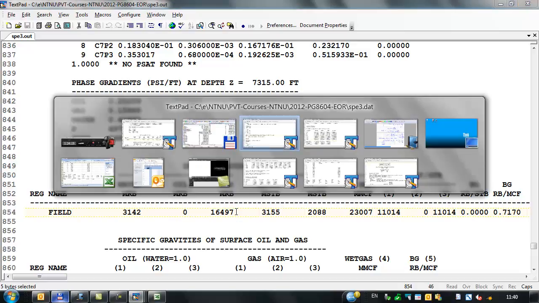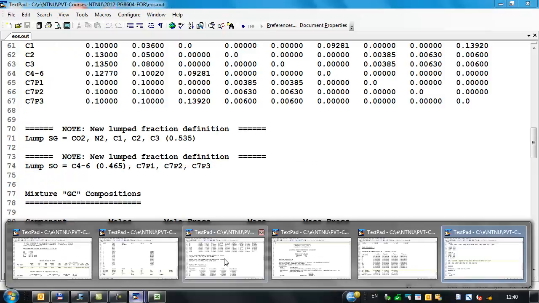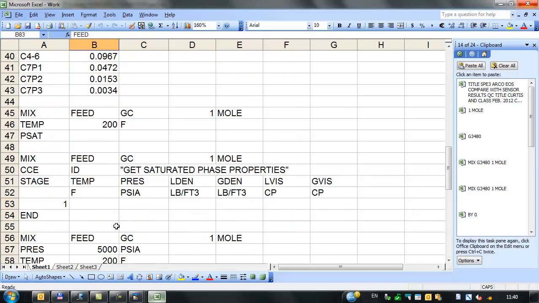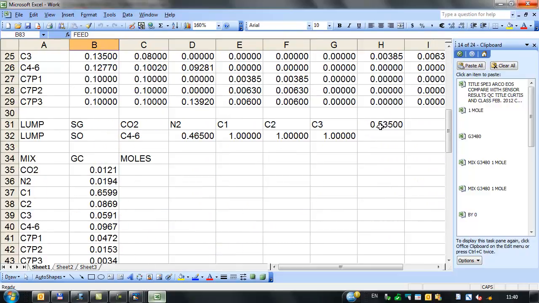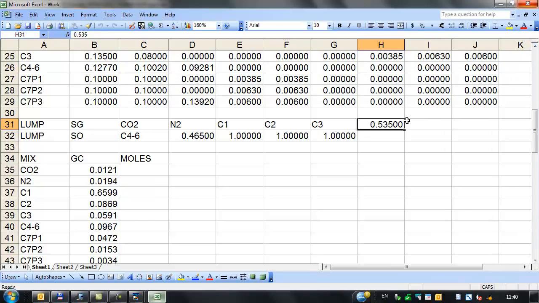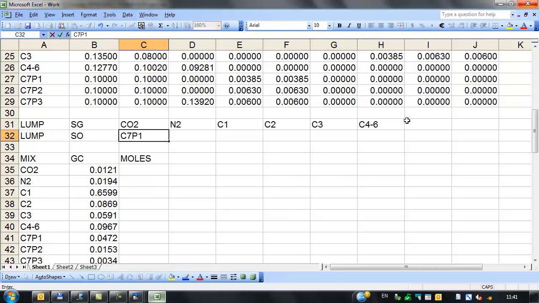Okay, so now we have to go into here, change our lump. We just change surface gas, we'll just take C4 to C6 here, and we'll just do C7 plus 1, C7 plus 2, C7 plus 3.